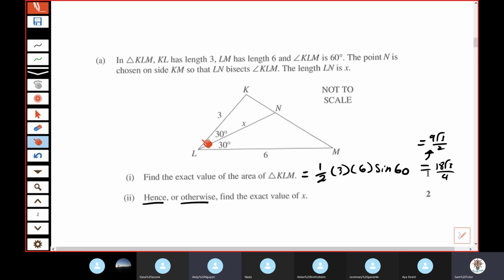Did you say minus? Yeah, yes. Yeah, I guess so. Area of the big, yeah, but wait, hold on. Did you say the area of the big one minus one of the areas, right?